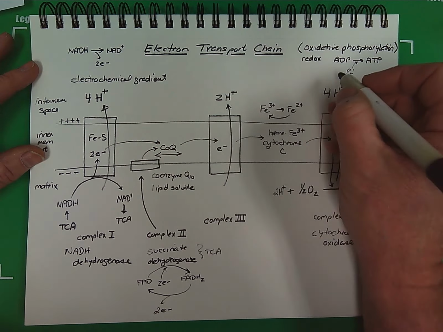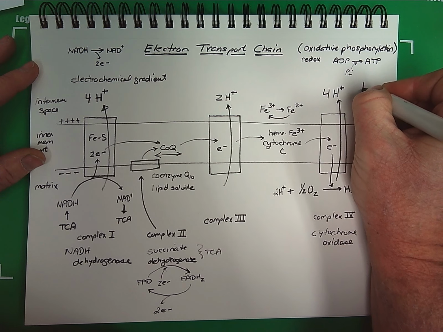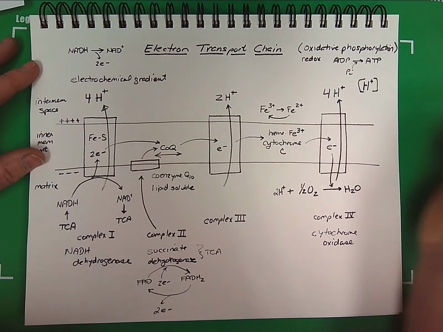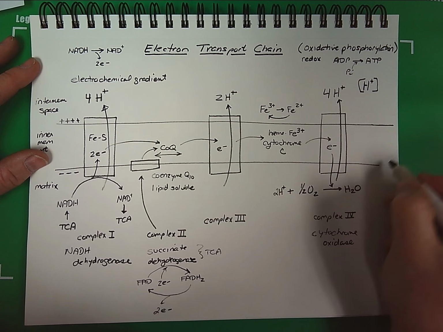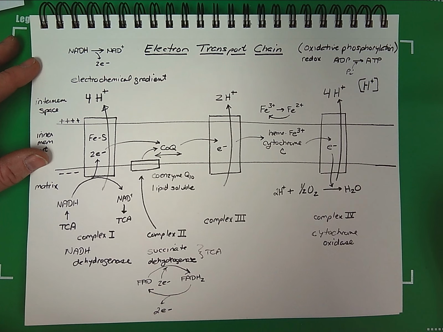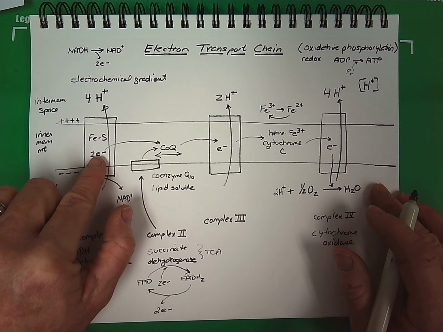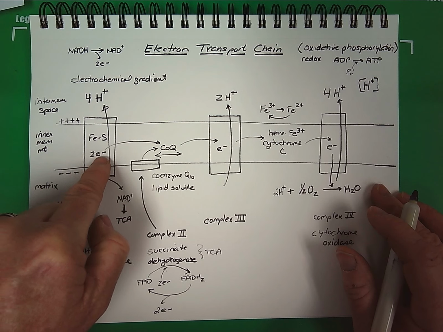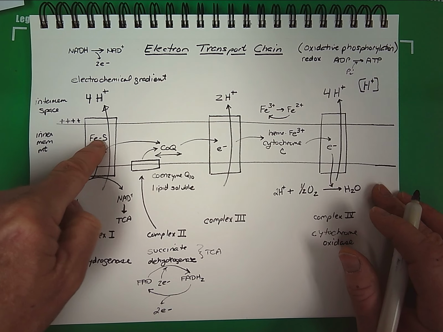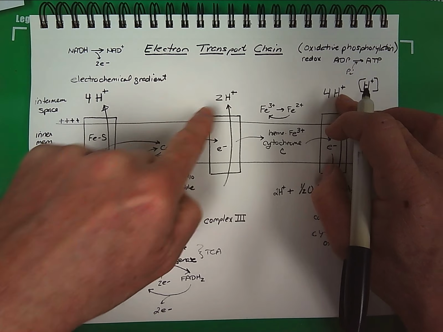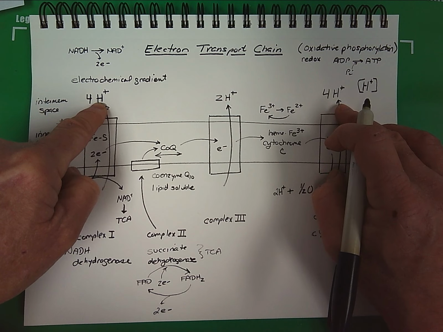Now, we have to concern ourselves with this proton gradient. We are now going to use this proton gradient that we have established to perform work. So the overall plan of the electron transport chain is to use the energy drops in electron movement from complex 1 to complex 4 to continuously pump protons and create a gradient.